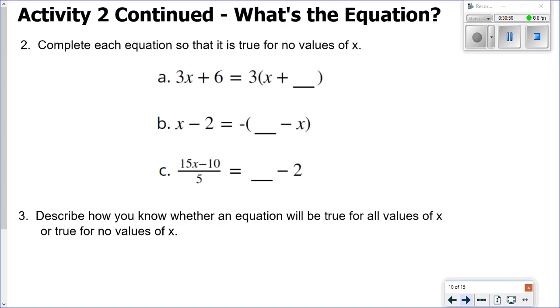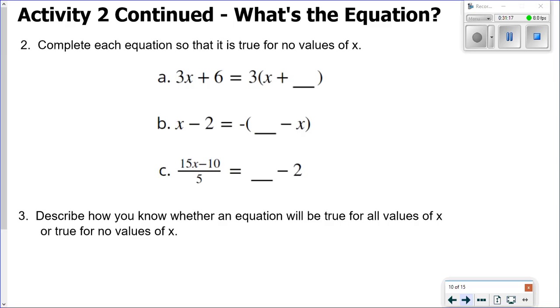Okay, after completing these 3 examples, stop and think about question number 3 here. It asks you to describe how you know whether an equation will be true for all values of x or true for no values of x. So we actually jotted this down.